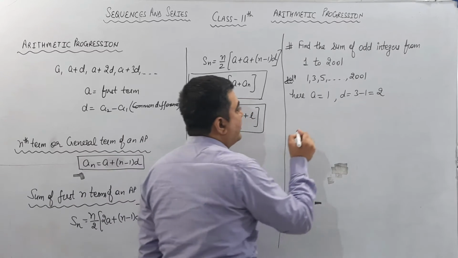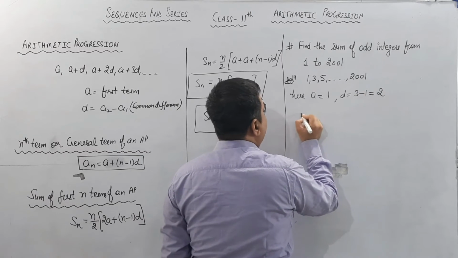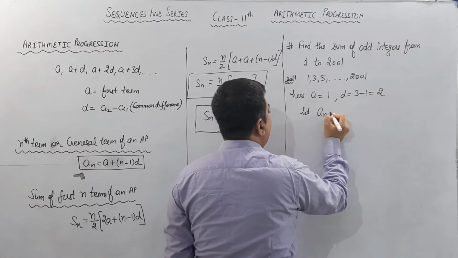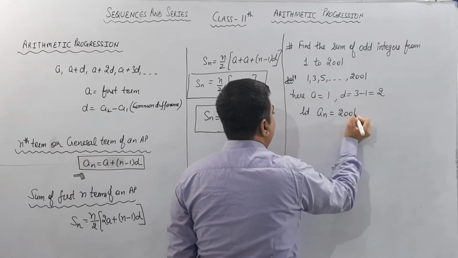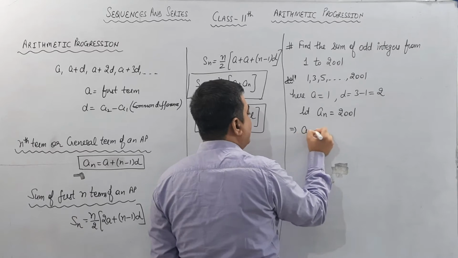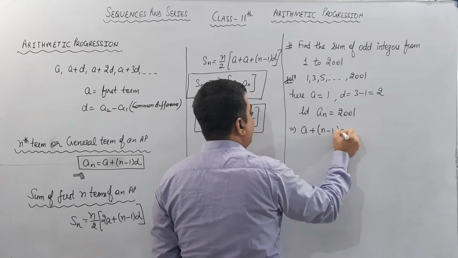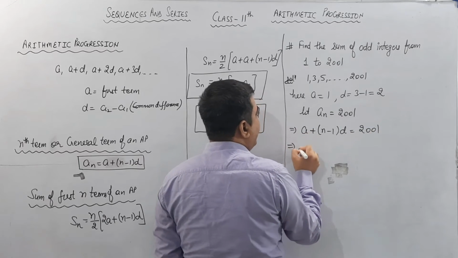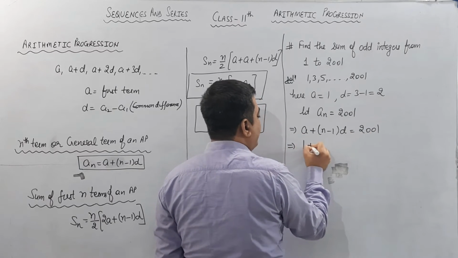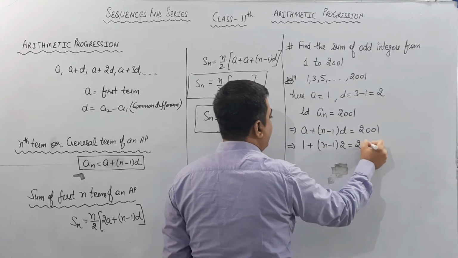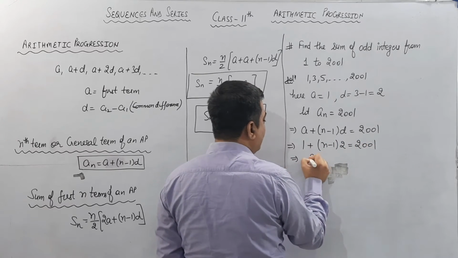To find the number of terms, we imagine 2001 is An, meaning the nth term is 2001. Then An equals A plus (n minus 1)D equals 2001. Fill the values: A is 1, D is 2.